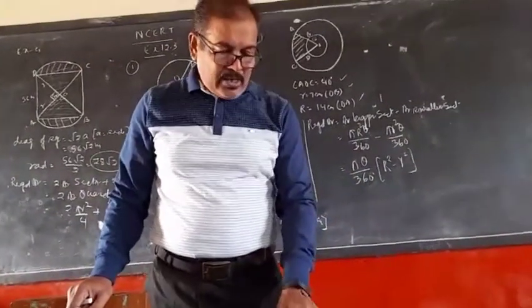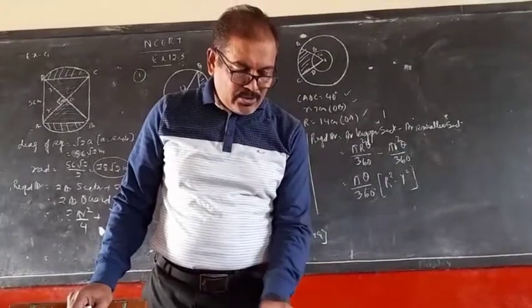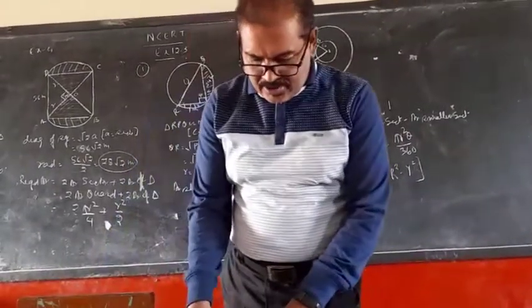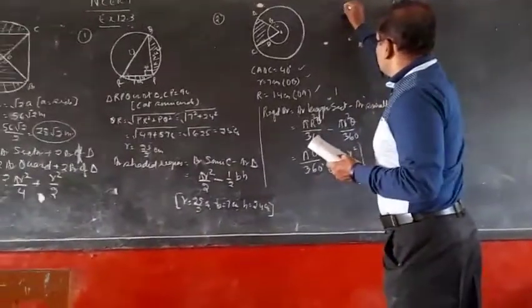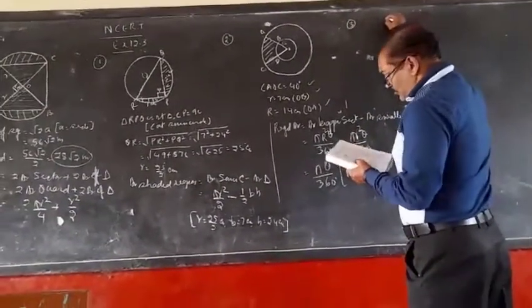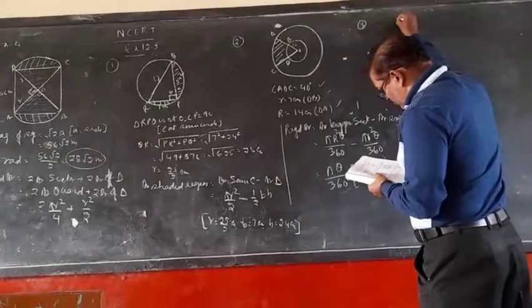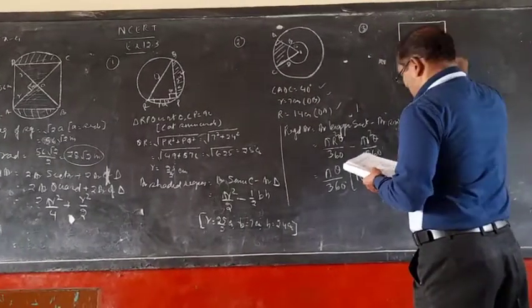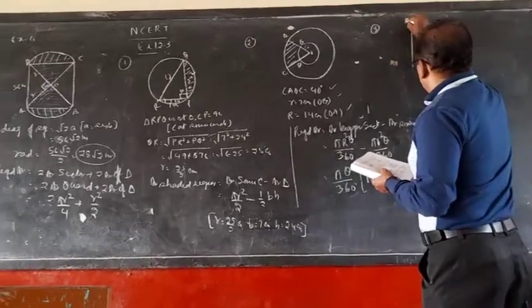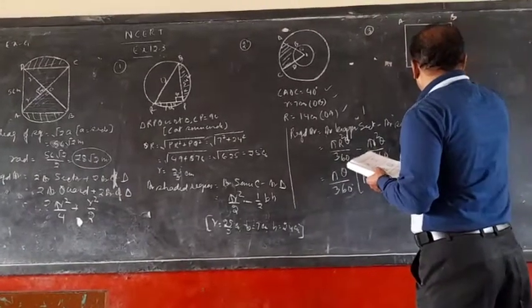Okay. So I take one more question, that is question number 3. Let us discuss that also. This is a very easy question. In question number 3, figure 12.21, again you have given a square ABCD.